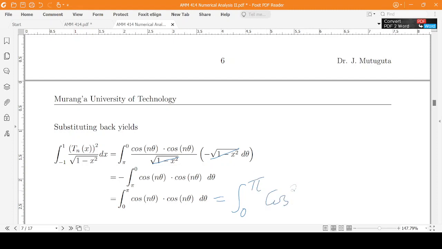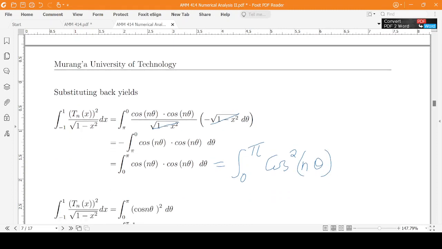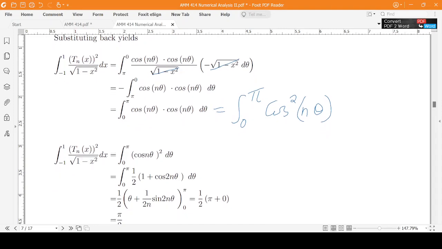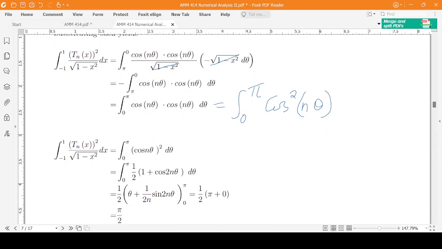cos squared n theta. And now we can use the trigonometry. Remember that whenever we have cos squared x, we write this as 1 over 2 into 1 plus cosine of 2x.